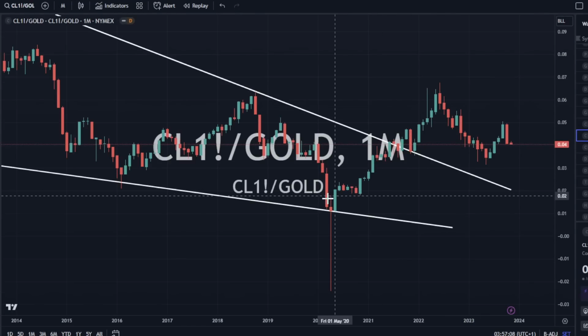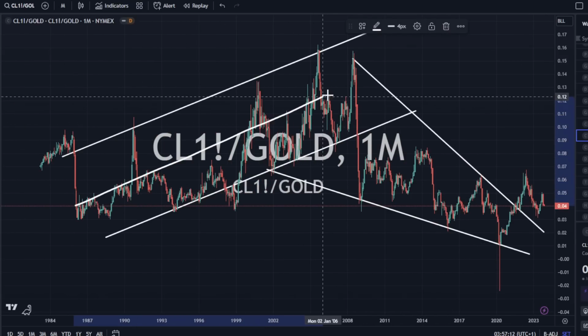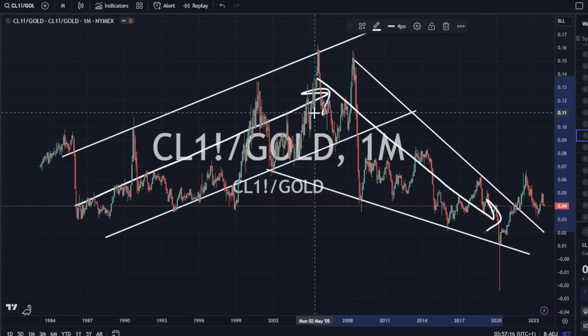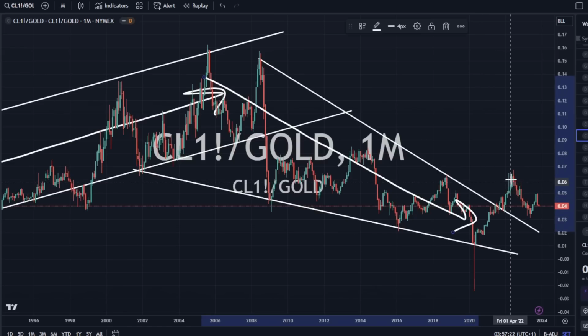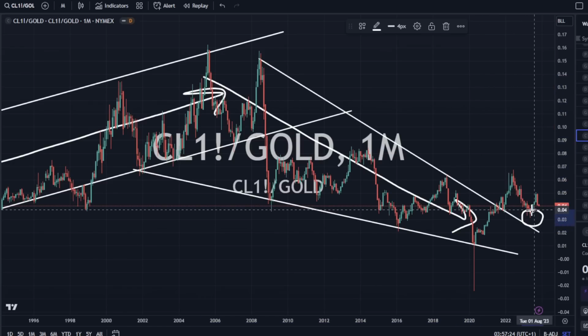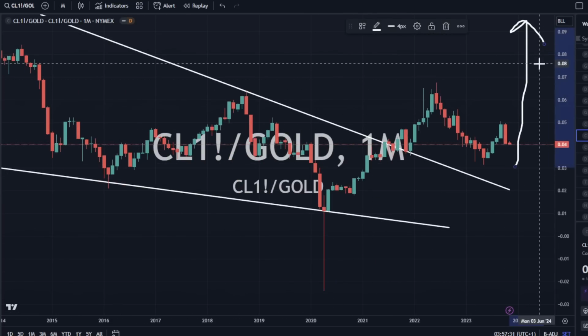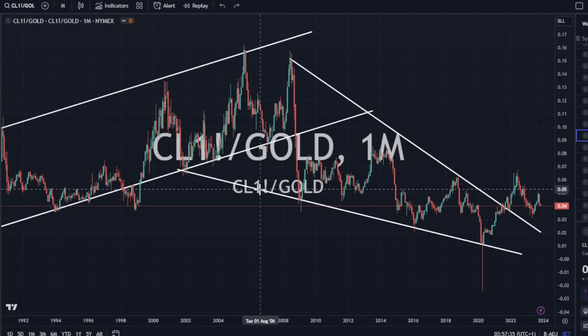Crude oil versus gold. What you can see here is crude oil outperformed gold during this period. Gold outperformed crude oil during the recovery phase from 2008 all the way to 2020. We've broken out of that pattern, done our retest in terms of this ratio. And what I think is coming is going to be a large outperformance of crude oil versus gold when a highly inflationary period comes.